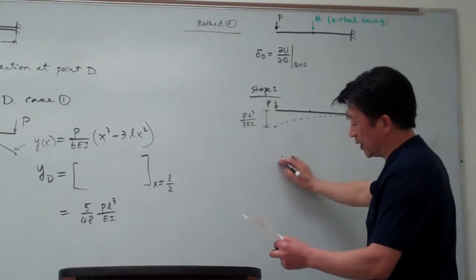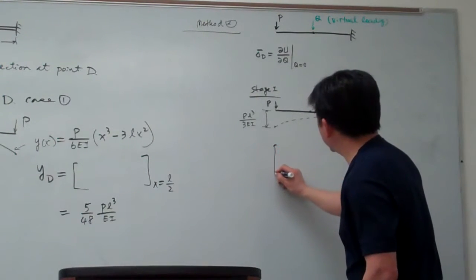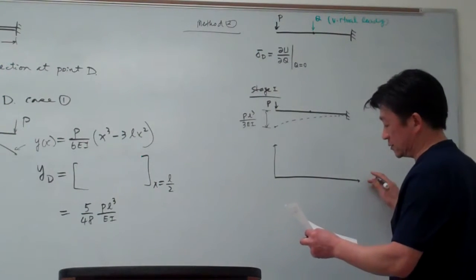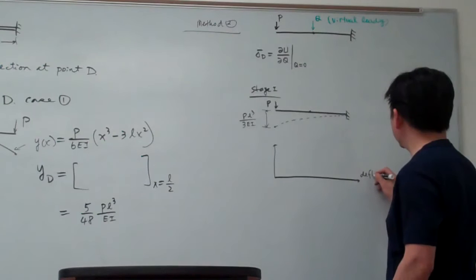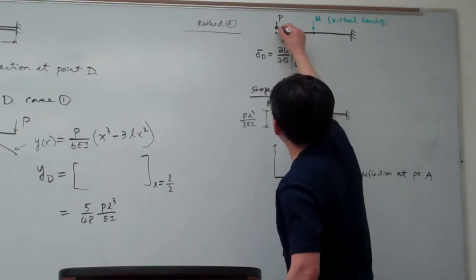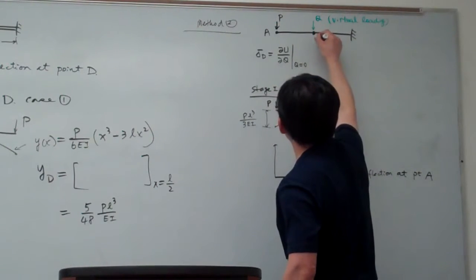So in stage 1, we can build up the curve, and this curve will help us for the calculation. This is the deflection at point A. Point A is here, and D is here.